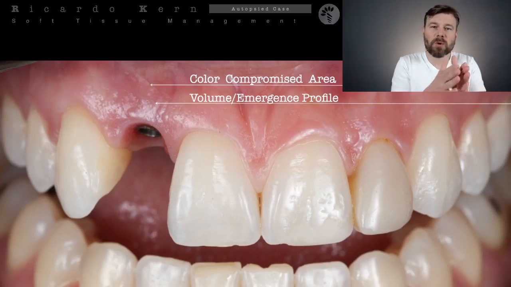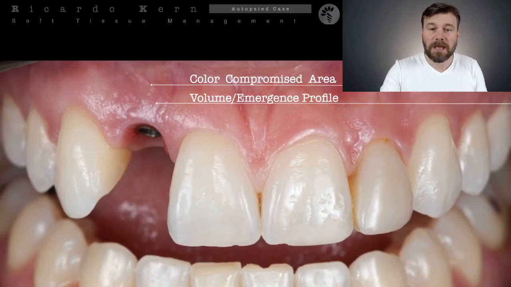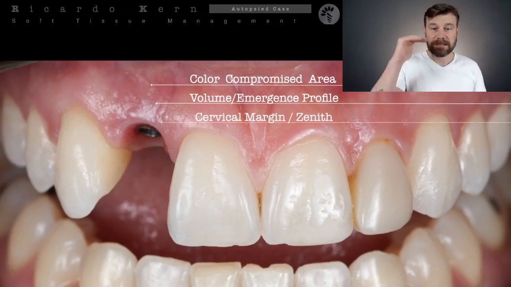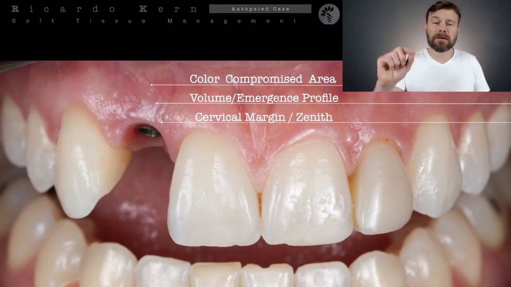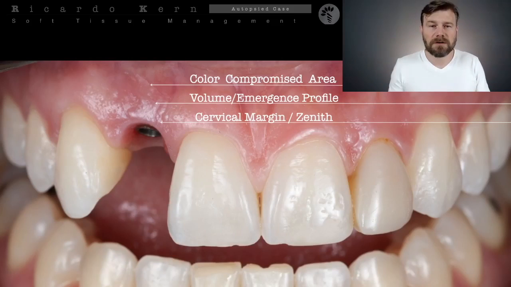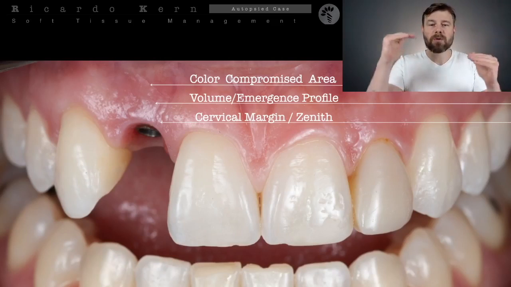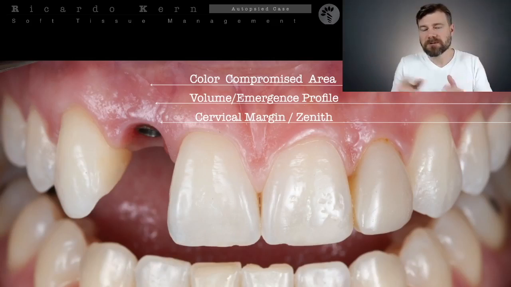So we need to increase the volume to have my crown with exactly the same emergence profile as a natural crown. Another problem is the position of the zenithal area or the cervical margin of the gingival contour, according to the symmetry with the opposite natural tooth.